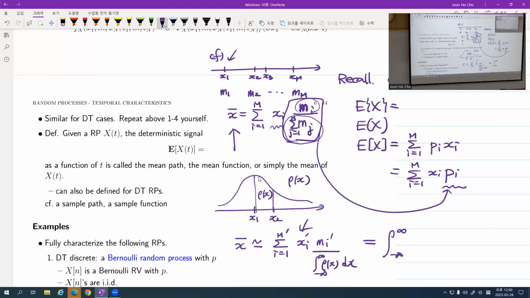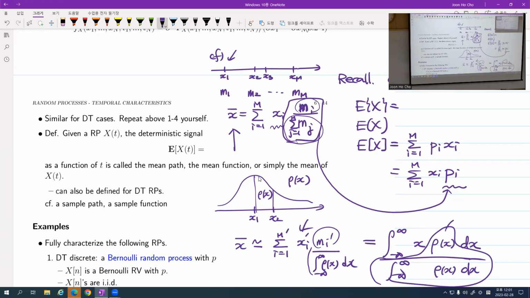Location times the density, okay, sorry, normalized by the density. Got it? And you may replace this one with, for example, P of X. And now you can extend your idea of the center of gravity to what? The expected value of a continuous random variable, right?